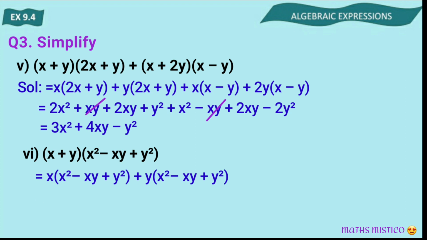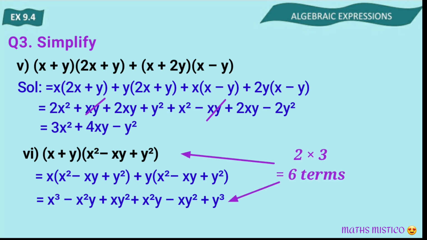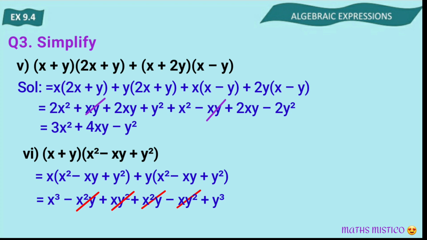So we have x into x square, x cube, plus into minus minus, x into xy is x square y, plus into plus plus, x into y square, xy square, plus into plus plus, y into x square y, plus into minus minus, xy square, plus into plus plus, y cube. Minus x square y plus x square y cancel, xy square and minus xy square also cancel, and we are left with x cube plus y cube.